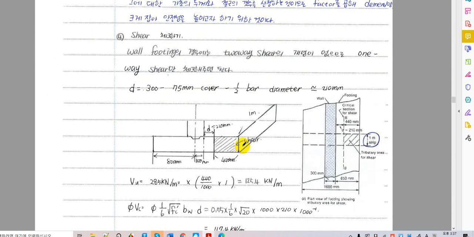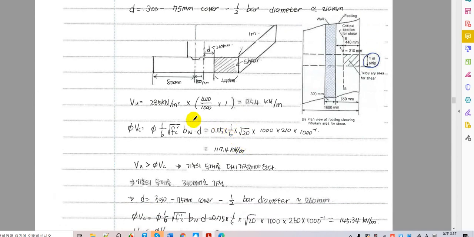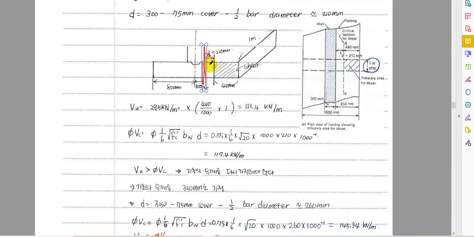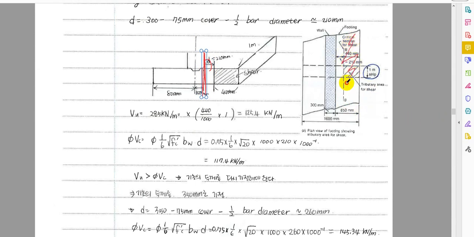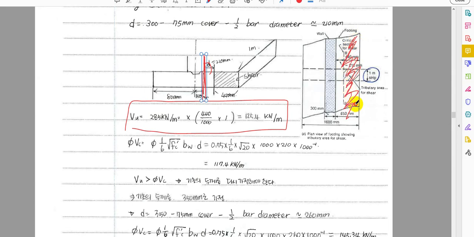Now I'm going to go a little faster because this is an easy part after a secure design, and we need a critical failure region, which is D away from the column face, right there, so that the shear load acting on this area will subject the foundation to shear force. So we have a shear load on the critical or effective area right there.